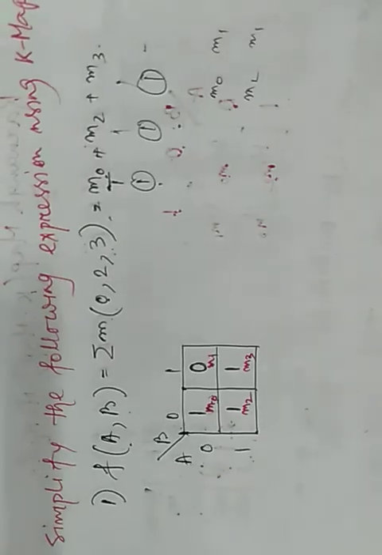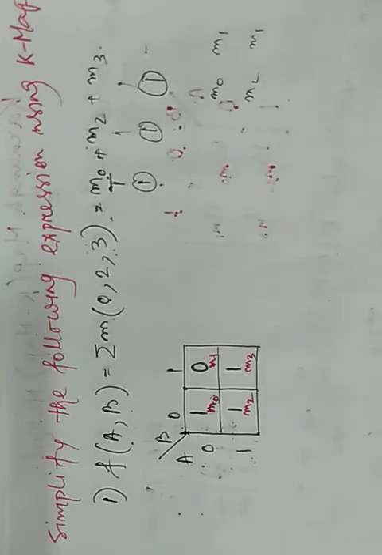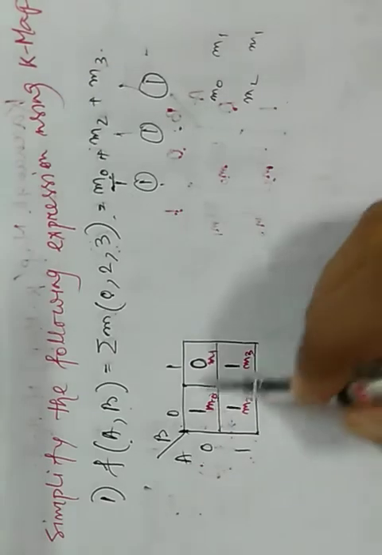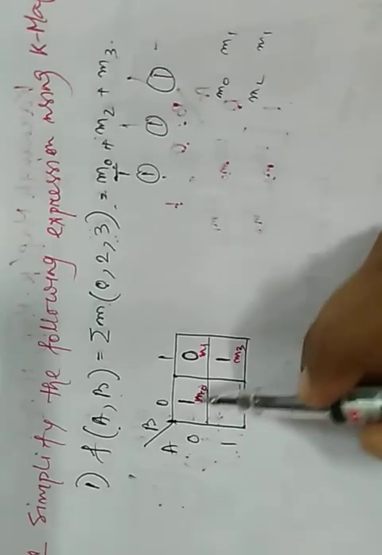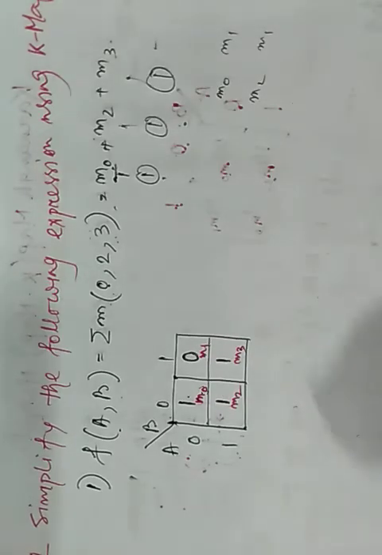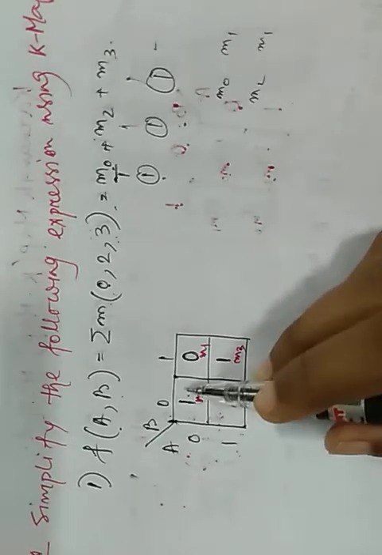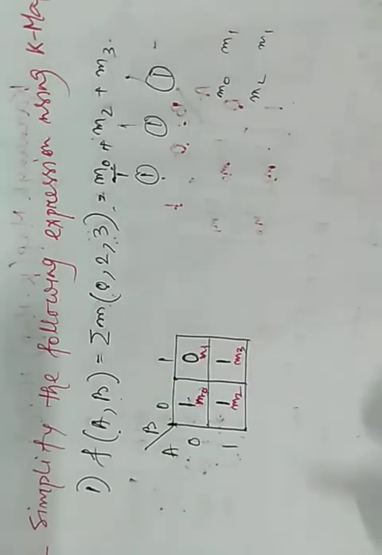Now, our first step is to see how many variables there are. Next, we place 1 in the places where there is a minterm value, and the other values should be 0. Then we have to combine, or pair, the 1s in groups.